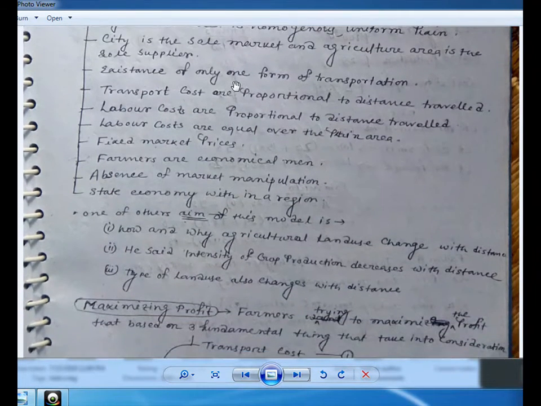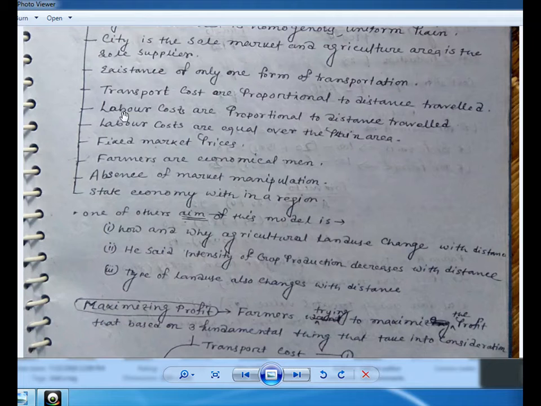There is existence of only one form of transportation. Transport costs are proportional to distance traveled. If you are going to a high distance area, then your transport cost increases, and that affects your profits.